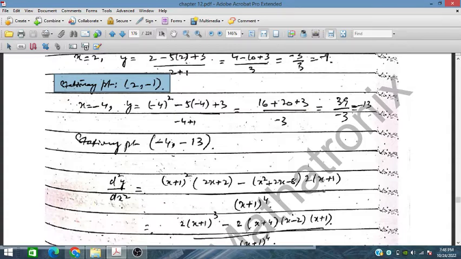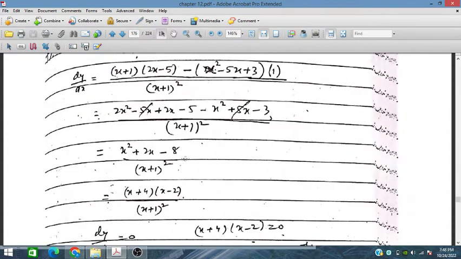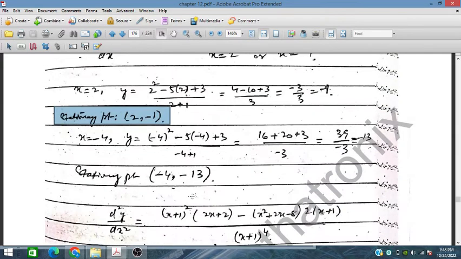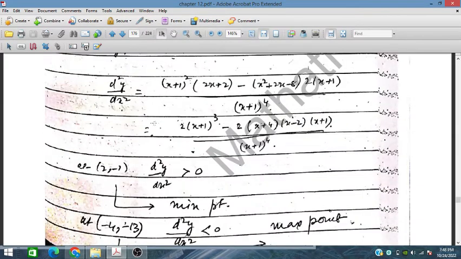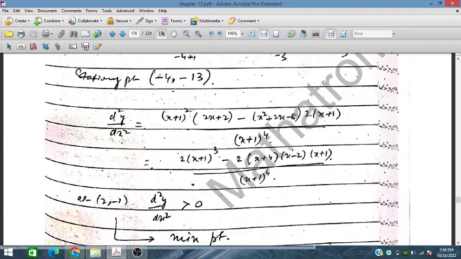So let's take the second derivative. This was the first derivative we had. Now take the second derivative. We have this value, and at x is equal to 2 this part is 0, so the second derivative becomes positive.